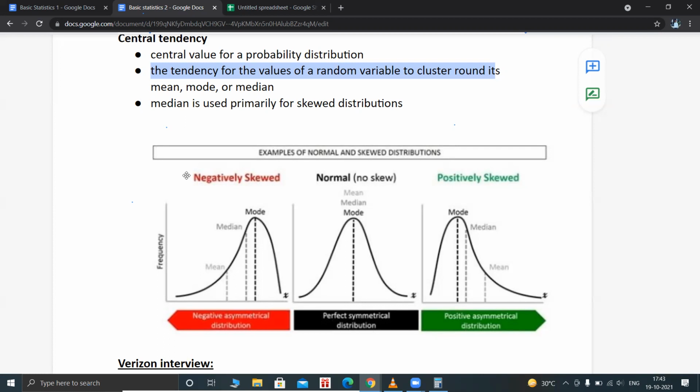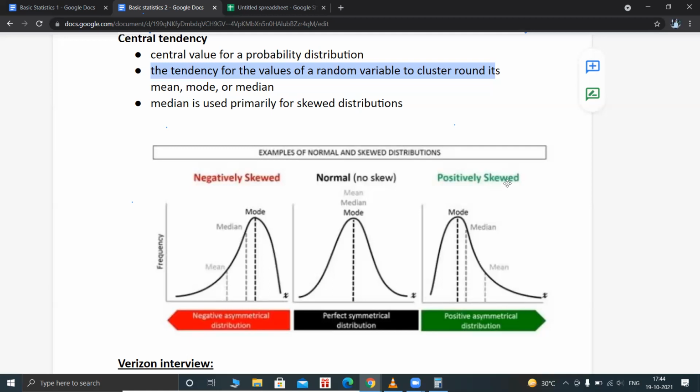Even in the negatively skewed case, this was my positively skewed, and when it comes to negatively skewed, the mean has shifted towards the negative side. Here the mean has shifted the positive way, because this was my 0th point, and when you go towards the right side of the x-axis, the values will be high: 0, 1, 2, 3, 4, 5.